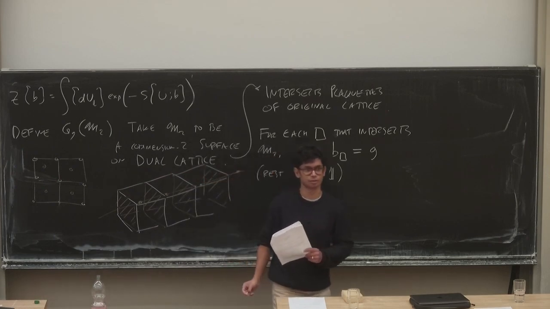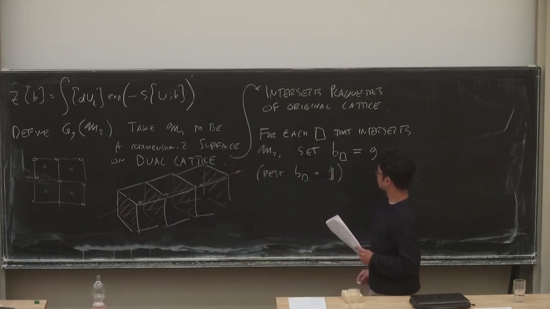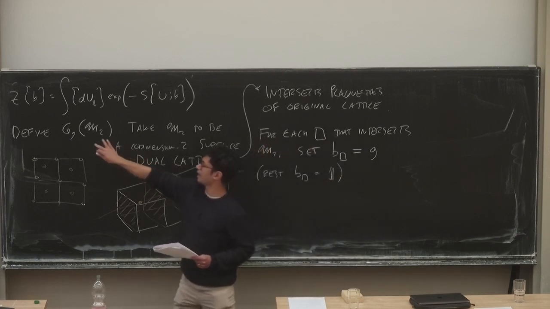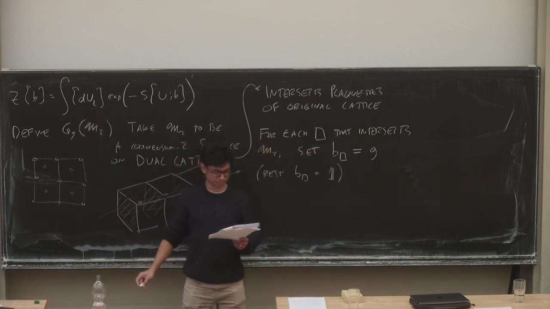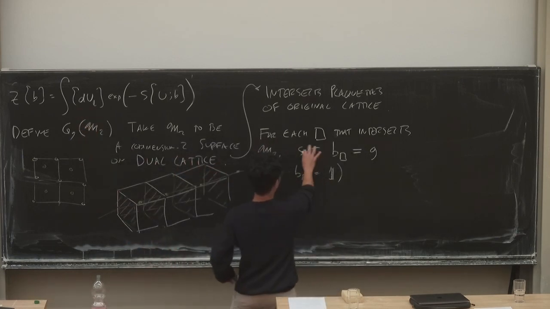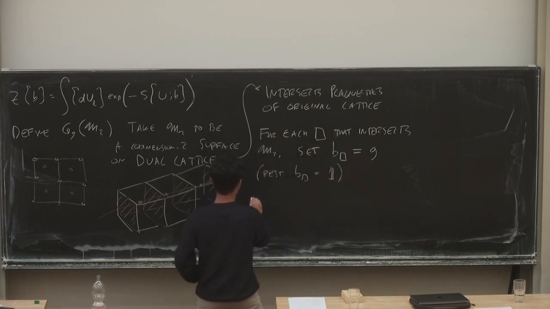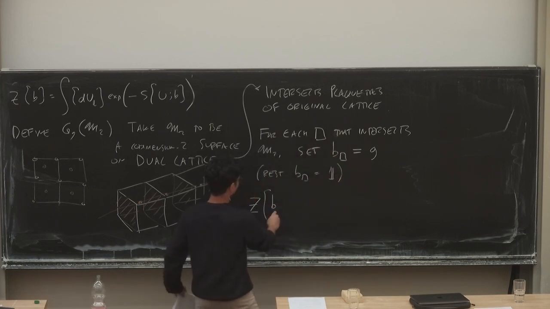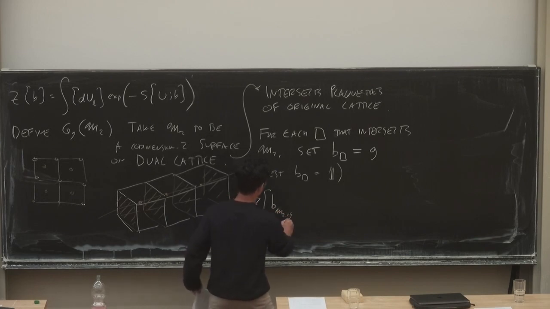Okay, so notice what we've done. I have taken the data that I have and done a manipulation in the path integral. This algorithm defines a B that depends on M2 and g in a particular way.